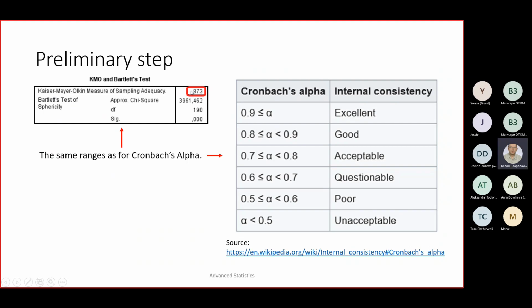Here we have 0.87, which is between 0.8 and 0.9, and this is good sampling adequacy. That means that all these 20 items form at least one scale. We don't know yet how many scales there are, but we are sure that at least one exists.